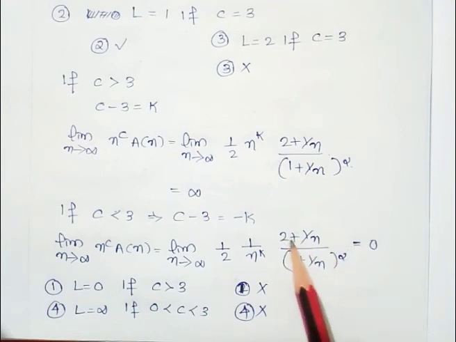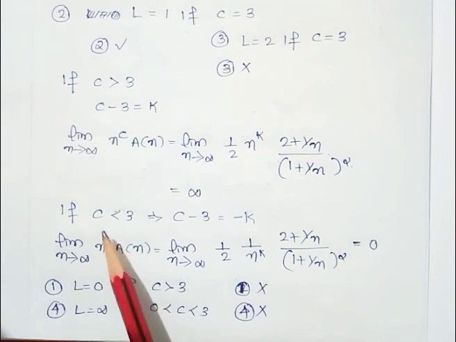Then as n tends to infinity, this approaches 0, and this also approaches 0, so the whole term approaches 0. So when C is less than 3, this limit of n power C a of n approaches 0. Now we are going through the options.